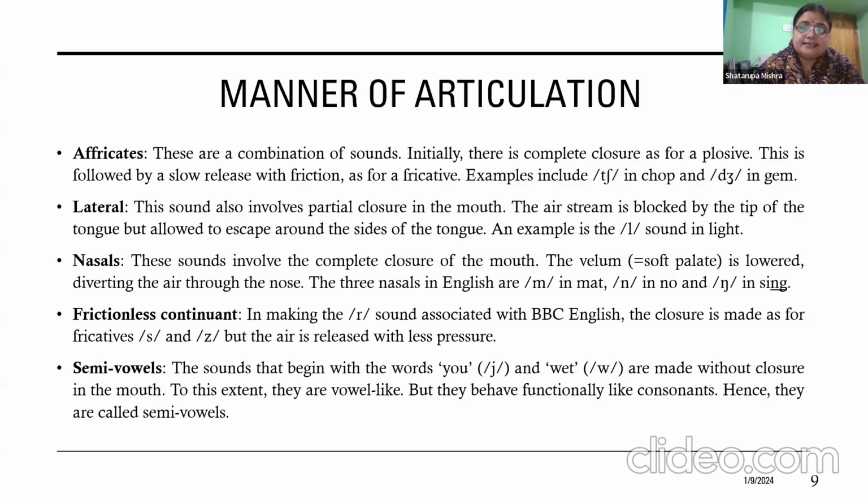To this extent, they are vowel-like, but they behave functionally like consonants, and hence they are called half vowels or semi vowels. They are not fully vowels, they are consonants, but they are like vowels, and that is why they are called semi vowels. All right. So these are the various terms for consonants depending upon the place and manner of articulation.